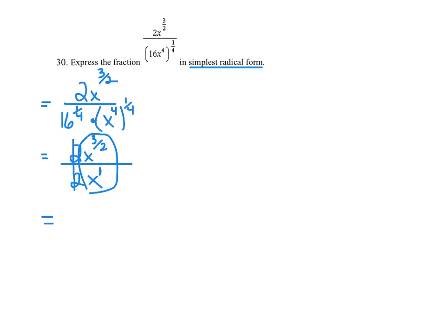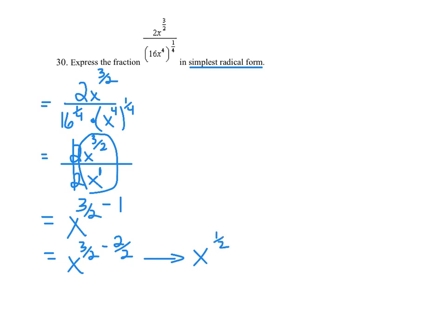So then really what I'm doing is keeping the base, and then I'm going to subtract the exponents. So 3/2 minus 1, which is really x to the 3/2 minus 2/2, right? I'm going to continue in this direction. And when I subtract those two fractions, I get x to the 1/2 power.